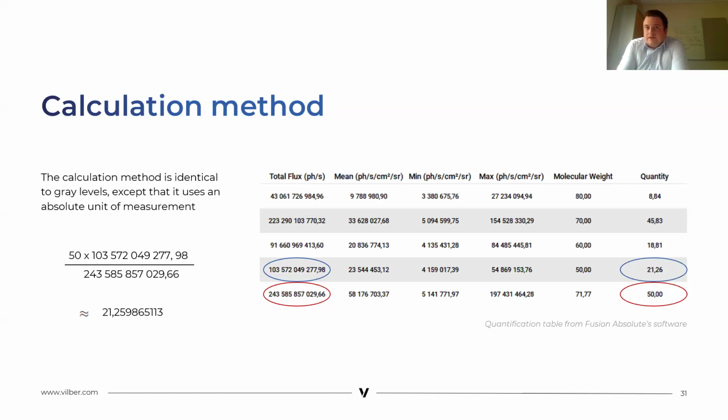It's very important to understand that, because, for example, if you change the exposure time with gray level, you will also change the value. But here, with photon flow, the value is the same. So it's possible, at different exposure times, to quantify a blot. But of course, if you prefer to use the previous method, like with the gray level, it's also possible with our system, but we provide this tool as well.